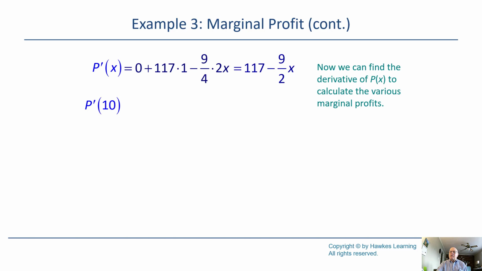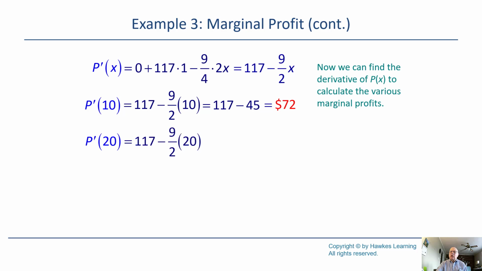At a level of 10 items, $72 is how much extra you'll be making, profiting, by producing one more item and selling it. At a level of 20 items being sold, one more will give you $27.